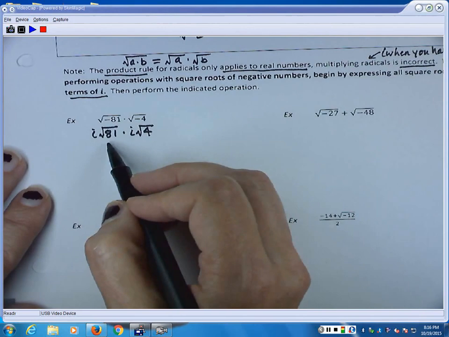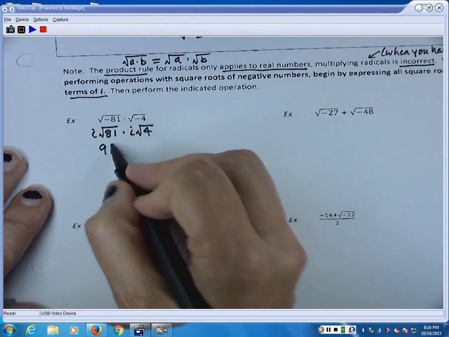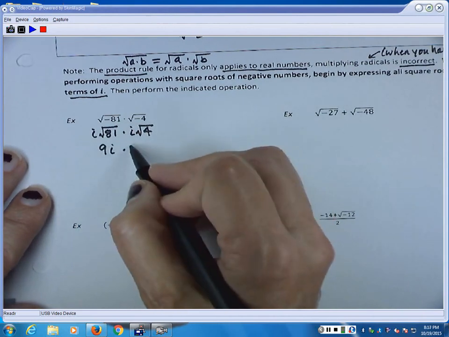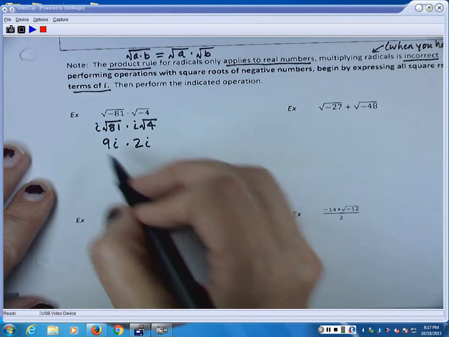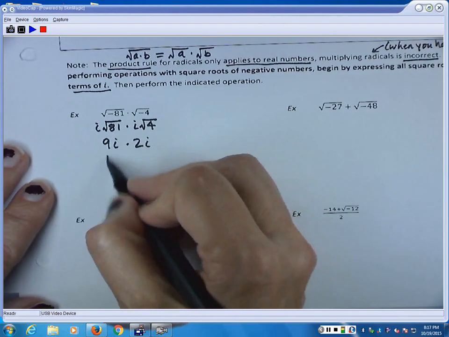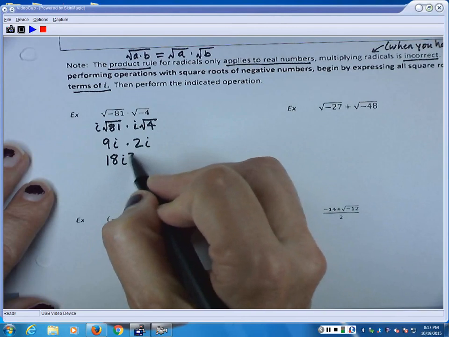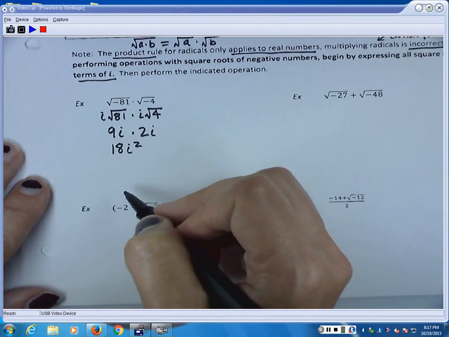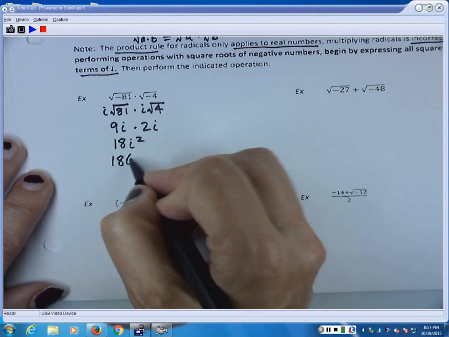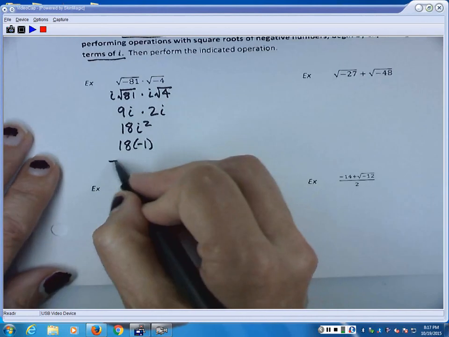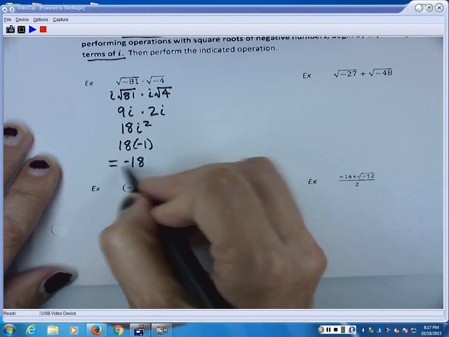Well, the square root of 81 is just 9, so it's 9i times 2i, because the square root of 4 is 2. 9 times 2 is 18, and i times i is i squared. But i squared equals negative 1, so you have 18 times negative 1, and the answer is negative 18.